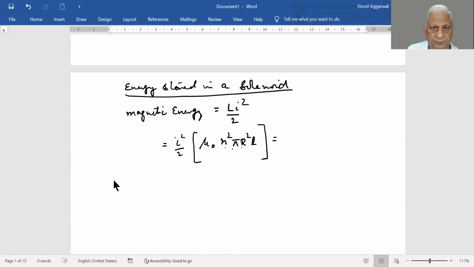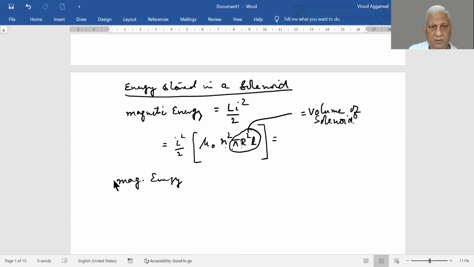Now what is this equal to? This is nothing but the volume of the solenoid. So can we write that magnetic energy is I square by 2 into mu0 n square, and this is volume.